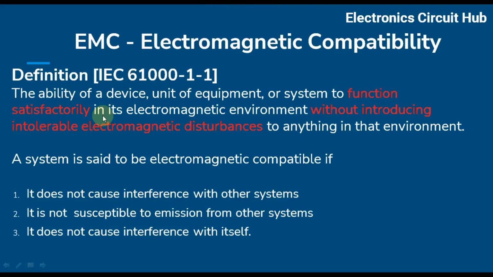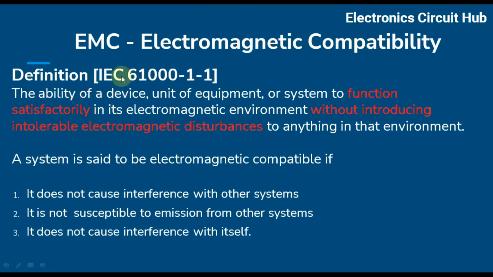So what is the EMC definition as per IEC 61000-1-1? What it says is: the ability of a device, unit of equipment or system to function satisfactorily in its electromagnetic environment without introducing intolerable electromagnetic disturbance to anything in that environment. This definition is given in the IEC 61000-1-1 standard.